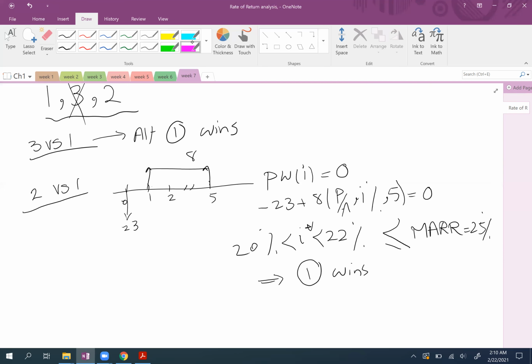So therefore, I will eliminate alternative 2 and 1 will be selected. So I come to the conclusion that alternative 1 is the second best alternative.